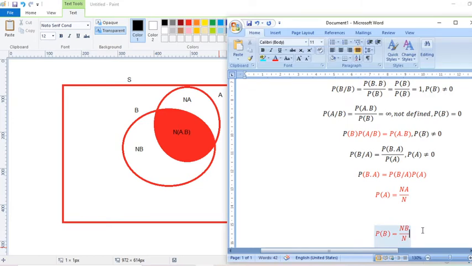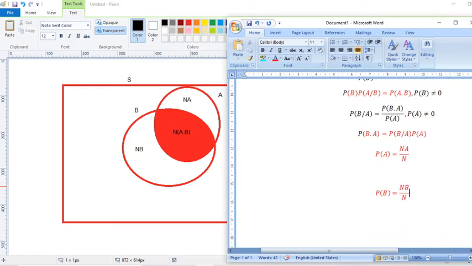Okay, so what will be the probability of the joint event A intersection B?